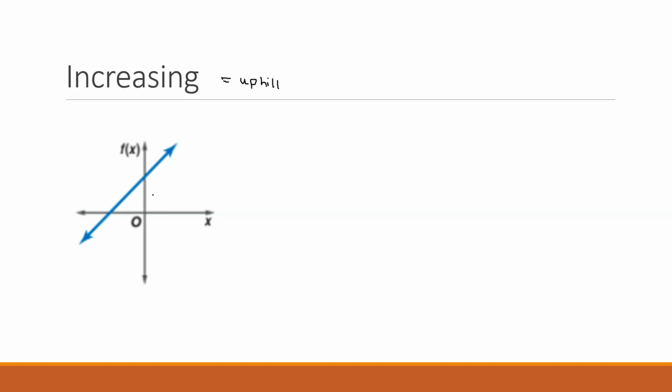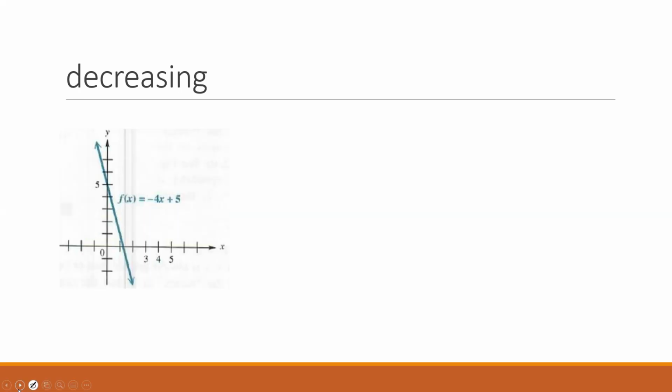What we would see in this graph is that as the x values get larger, so they would go along this axis, moving from 1 to 2 to 3, etc., the y values, or in function notation, f of x values, also go up in value. So both of these are increasing. This particular graph, they're both increasing at a constant rate.